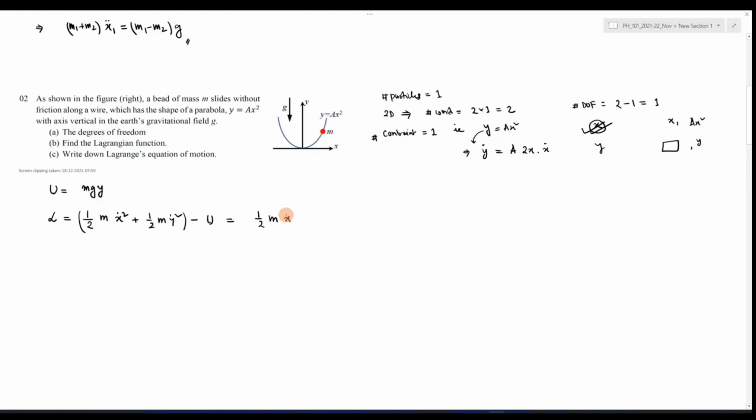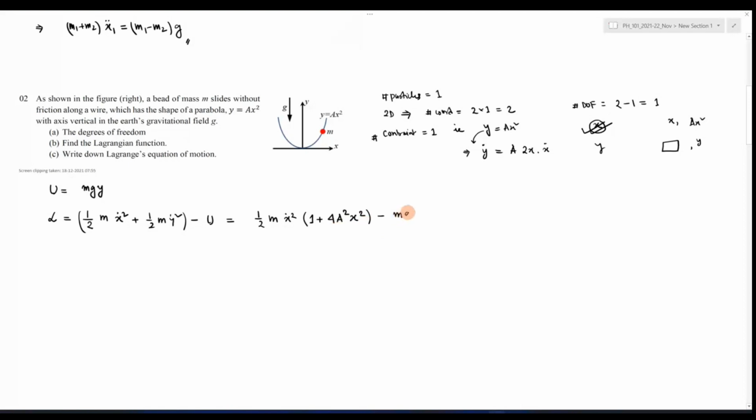So we got that our y dot square will be equal to 4 a square x dot square. So that's why we will be having 4 a square, x dot square taken out. So this will be our kinetic energy in terms of the generalized coordinate, minus U.